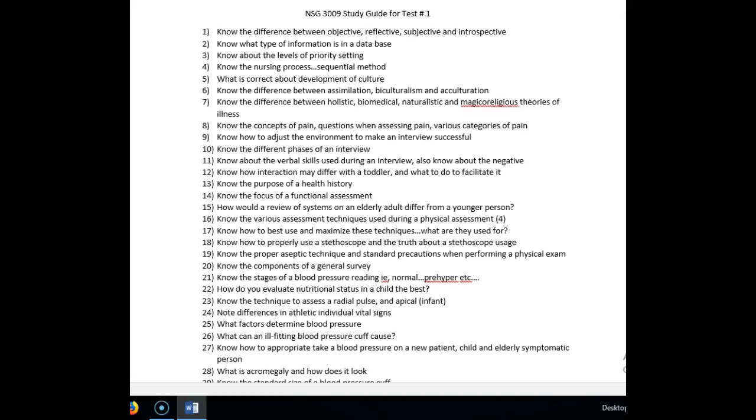Can they walk? And we're talking about even in the absence of them being ill. That's basically the focus of a functional assessment. You can look on page 56 of your textbook where it talks about performing a functional assessment on someone.